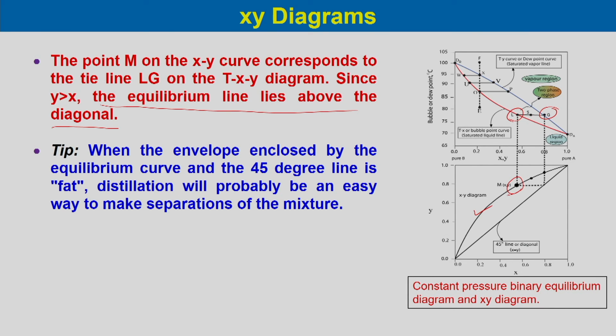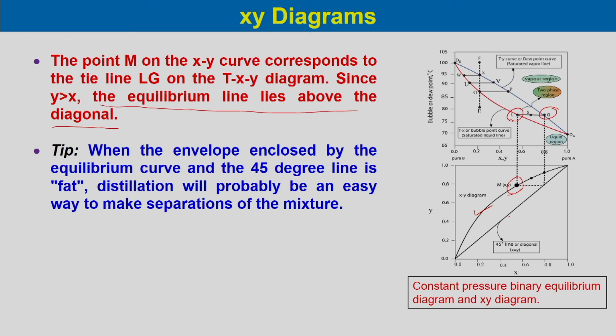Now, a tip is that when the envelope enclosed by the equilibrium curve and the 45-degree line is fat, distillation will probably be an easy way to make the separation of the mixture.